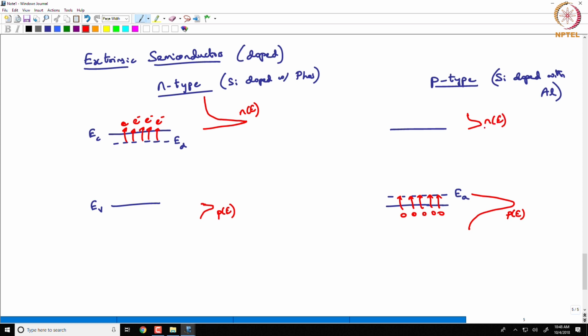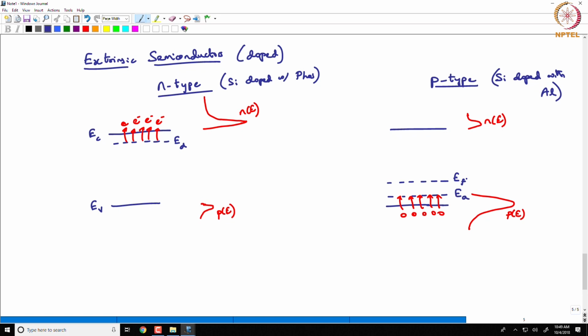And to represent that, to explain this part from a Fermi-Dirac perspective, what you can essentially say is that your Fermi energy in this case would have shifted over here, right. The Fermi energy in an intrinsic semiconductor is EC plus EV divided by 2.